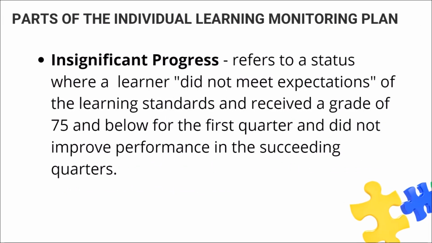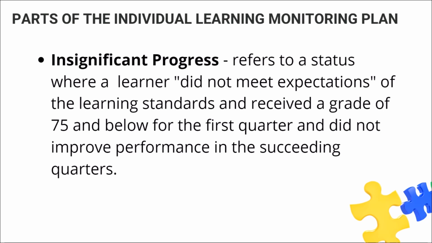So what are the different learning statuses? Number 1 is what we call insignificant progress. This refers to a status where a learner did not meet the expectations of the learning standards and received a grade of 75 and below, meaning a failing grade for the first quarter, and did not improve performance in the succeeding quarters. Take note, the quarter here is just an example.